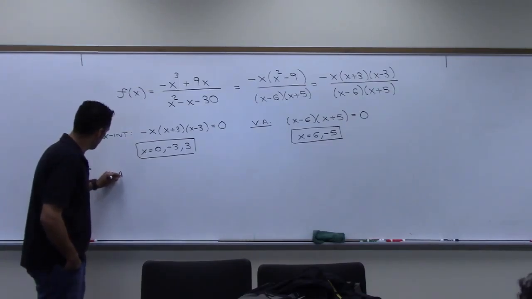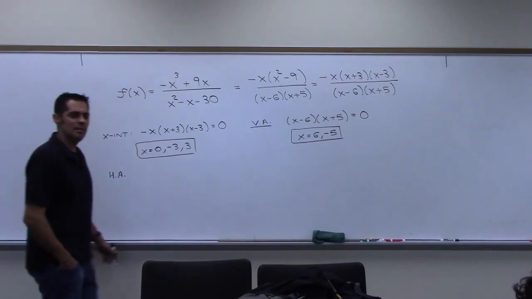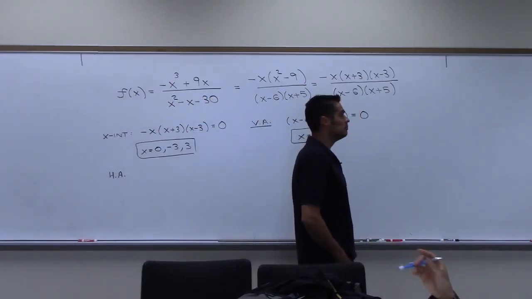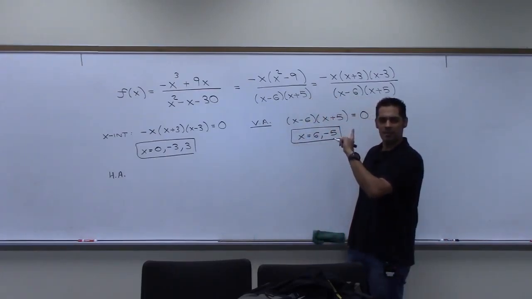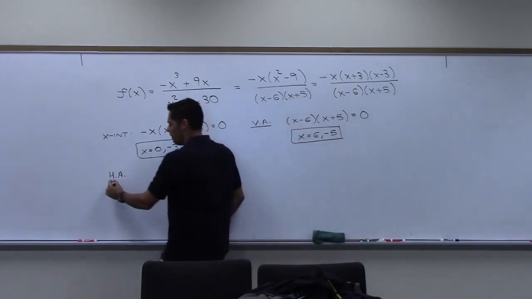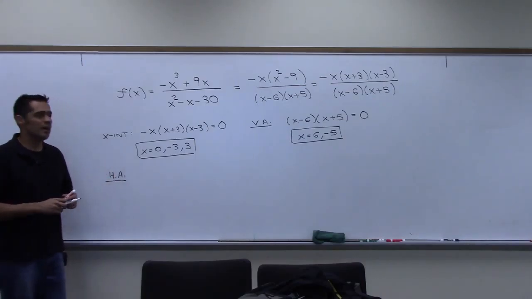Horizontals. Now, how did we do the horizontals last time? You forget about everything else. When you just figure out how it behaves, you just look at the highest powers, right?